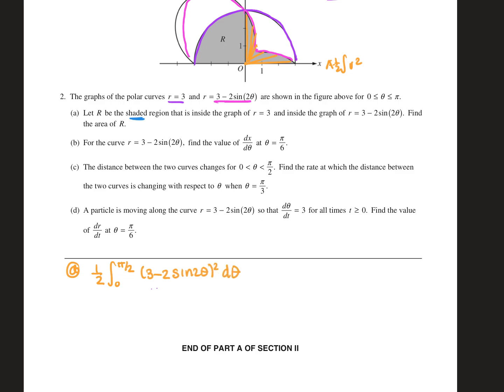After that point, we switch to the other curve. So at pi halves, we start moving to this other curve, the purple curve, all the way until pi. So 1/2 the integral from pi halves to pi of r squared. Now this one right here, I really don't need to use an integral.